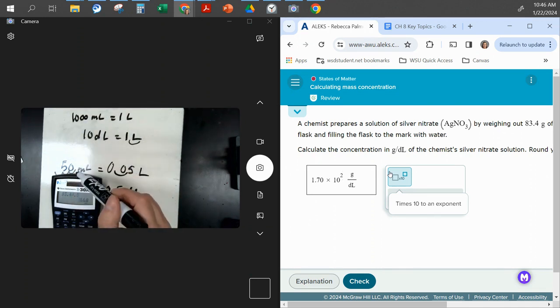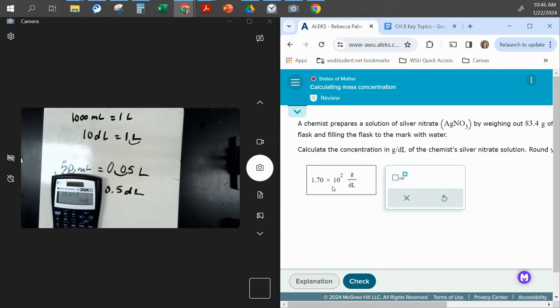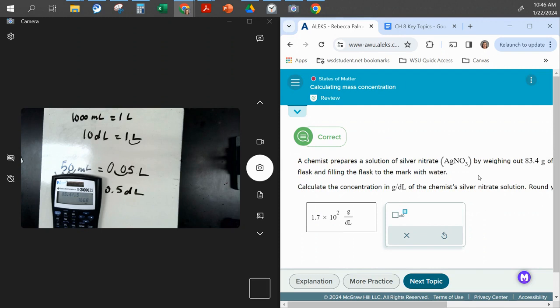I divide by 1,000, and then I times by 10. Oh, okay. So I guess it would be like times by 100. Is that right? Yeah. Okay, let's see. I need to go back here, and let's make sure that we got it right. Okay. So I had to put it in scientific notation because of my sig figs.